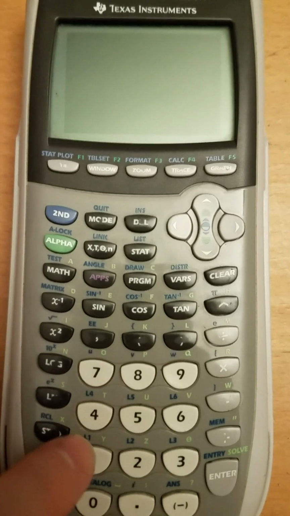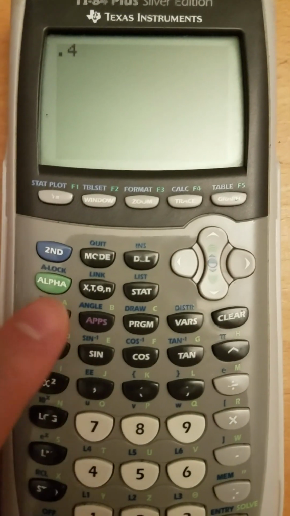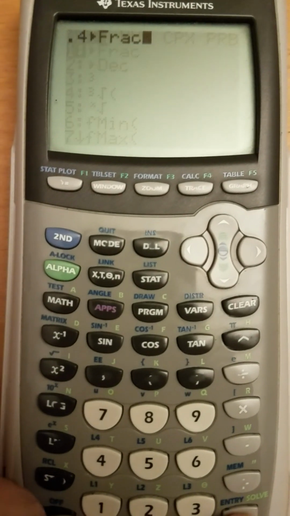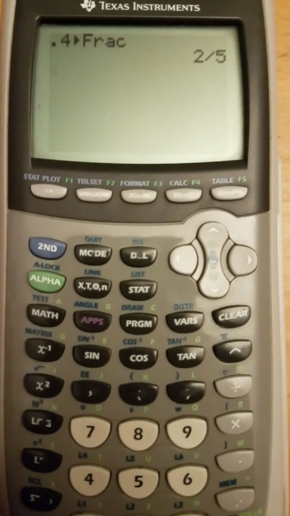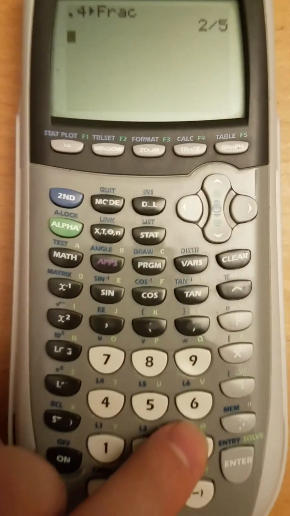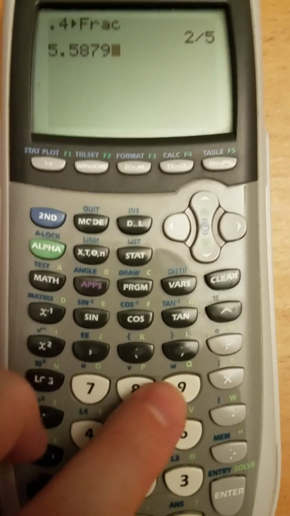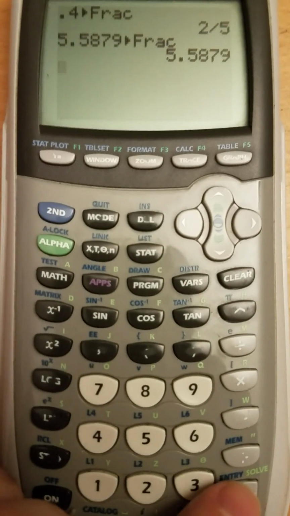So if I did like 0.4 and I wanted to change that to a fraction, what I would do is go to math and then hit 1 or press enter, and then press enter again, and then it'll give me the fraction form of that decimal. If you have a quite long decimal like this, it doesn't always give you a fractional form of it.